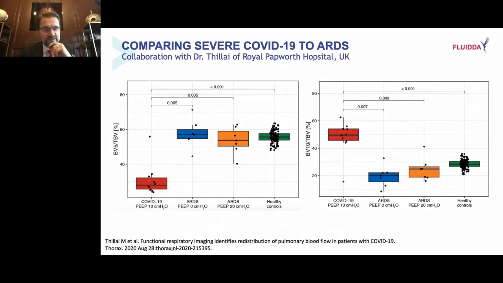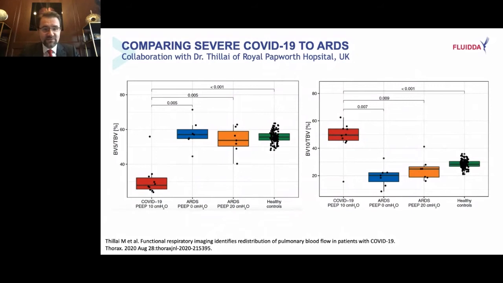This is a study that we published in Thorax a few months ago. On the left-hand side is the BV5 as a percentage of total blood volume. You see that these non-COVID ARDS patients are pretty much at the level of the healthy controls. We had non-COVID ARDS patients scanned at baseline and at 20 centimeters of PEEP, so with increased pressures. On the right-hand side, you see the BV10, the larger blood vessels.